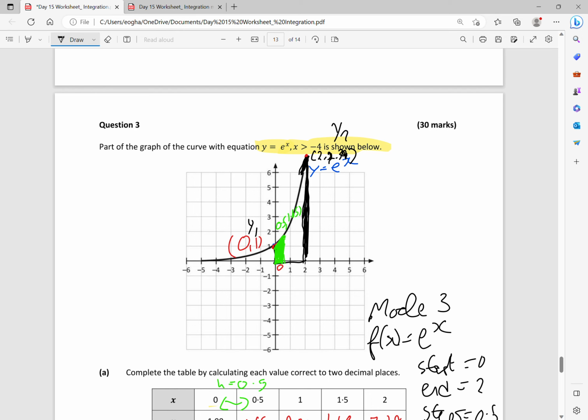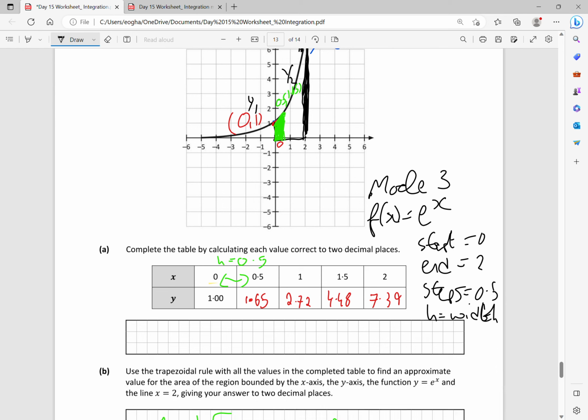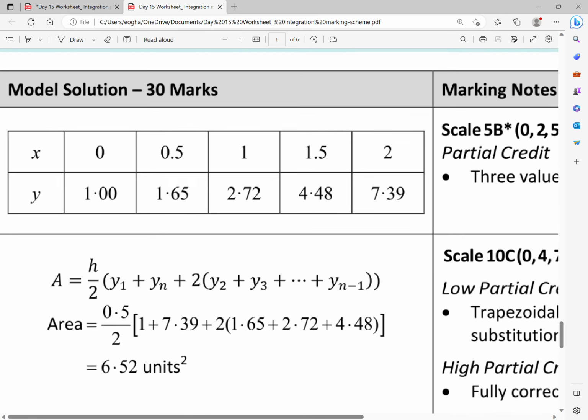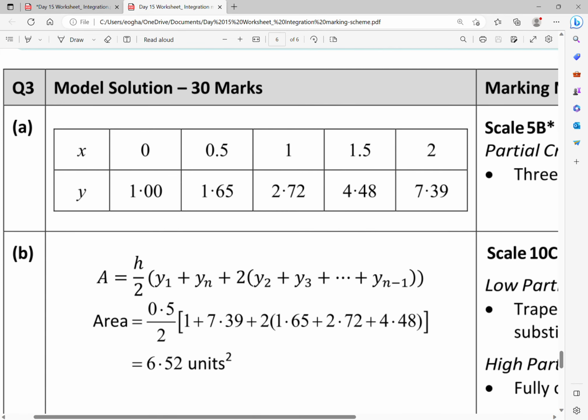Now this is y1, your first height, and this is yn, your last height. Okay, y2 would be the 1.65. So y1, y2, y3, y4, y5. But y5, of course, is going to be yn, my last one. So y4 will be yn minus 1, second last one.